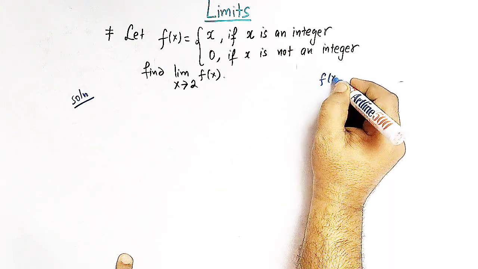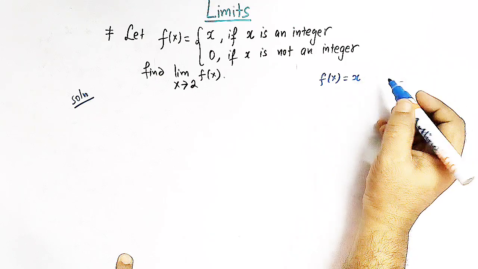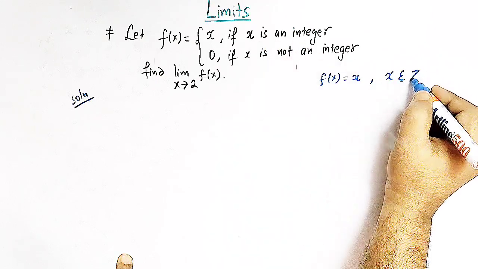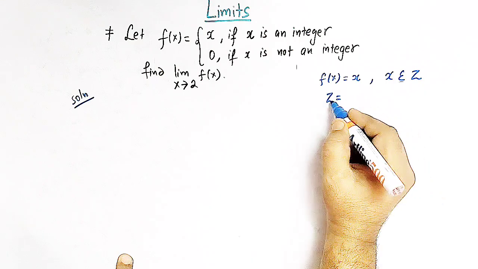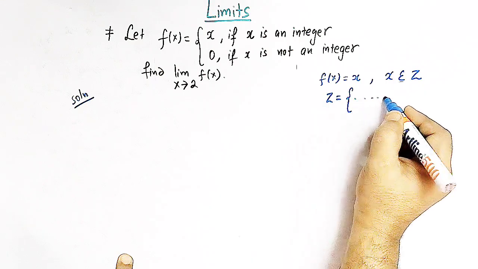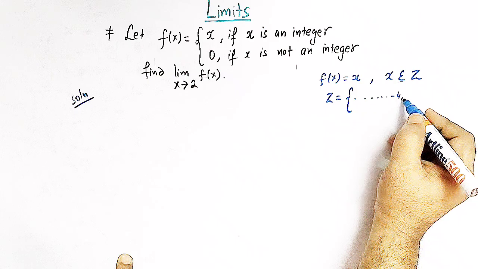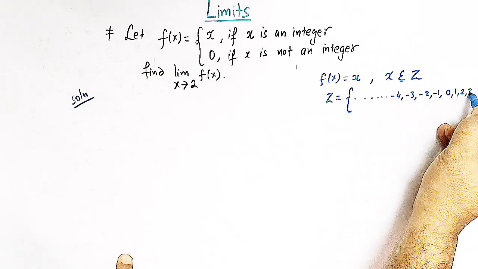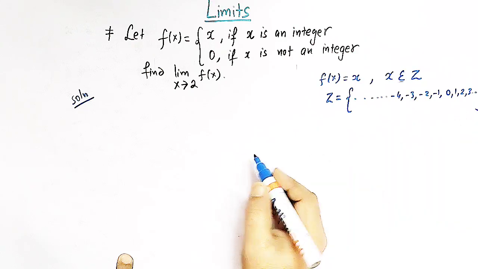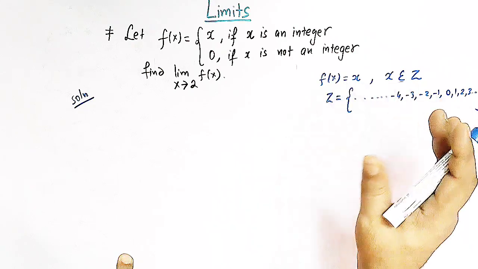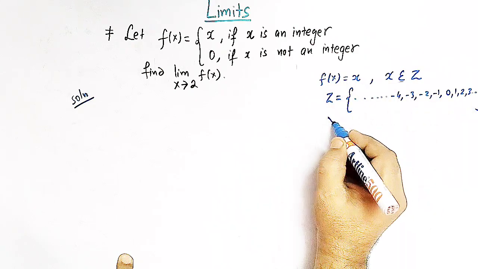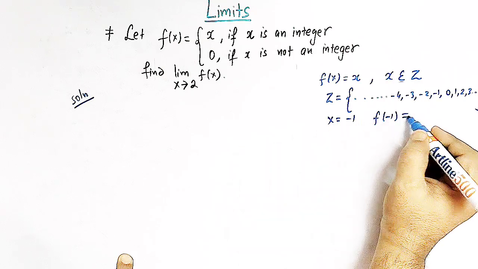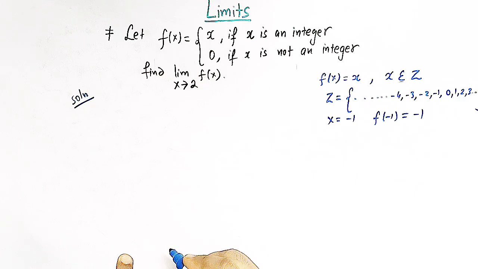So f of x is equal to x whenever x is an integer, that is x belongs to the set of integers, and the set of integers is given by -4, -3, -2, -1, 0, 1, 2, 3, and so on, right? So whenever x takes an integer value, suppose x is equal to -1, then f of -1 is given by -1, right?